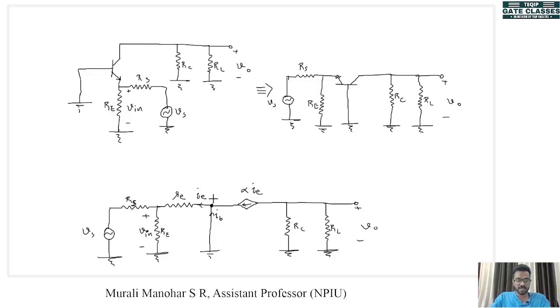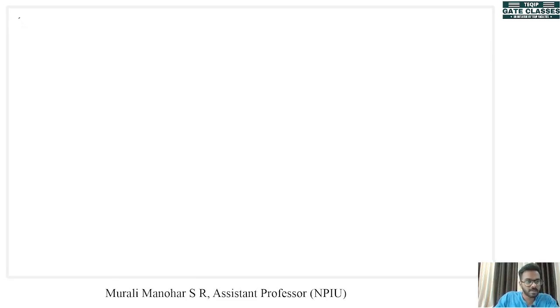Okay, so the circuit is complete. We can start the analysis. Before that, we will identify the resistances. This is Rin, this is Rin dash, which is the same as Zin, and here we have Zout, or Rout dash. Okay, so the first parameter is input impedance.